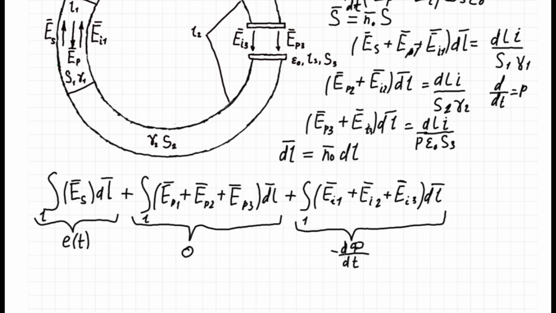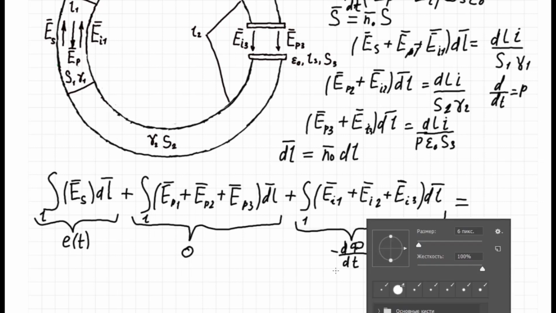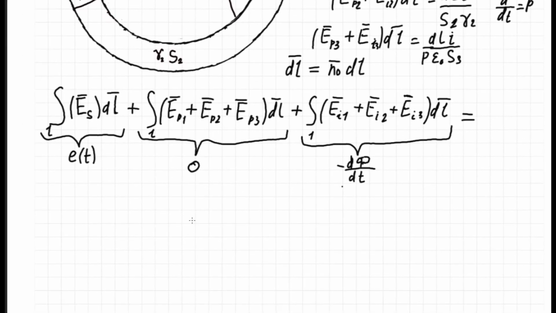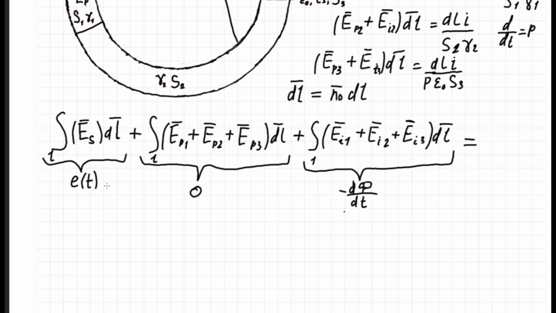It is the derivative of flux by time, and all this part equals, we can write it equals integral. This part is not a vector, it is just L, just without the integral.